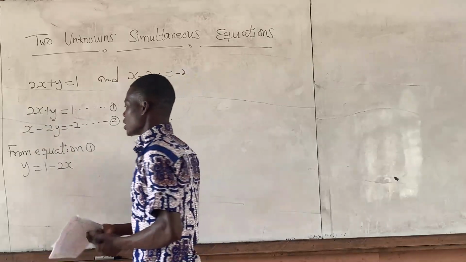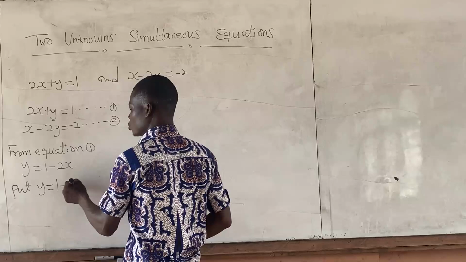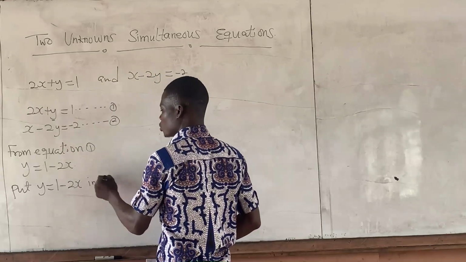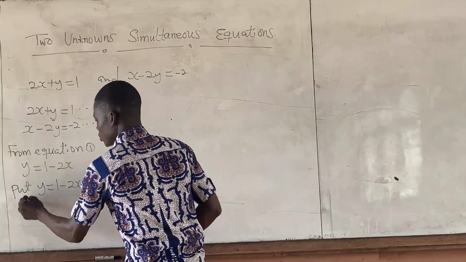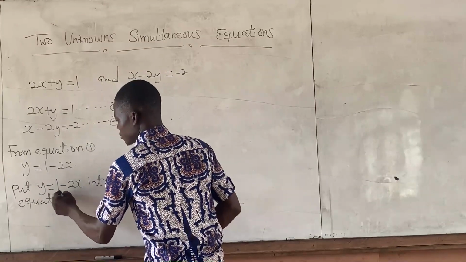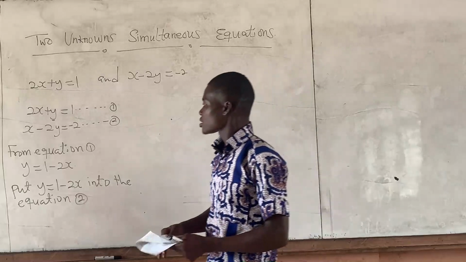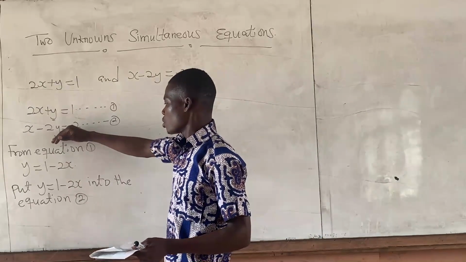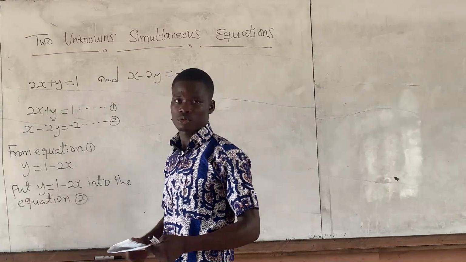So let's put y is equal to 1 minus 2x into equation 2. Meaning, where you see y in equation 2, we have to put there 1 minus 2x.